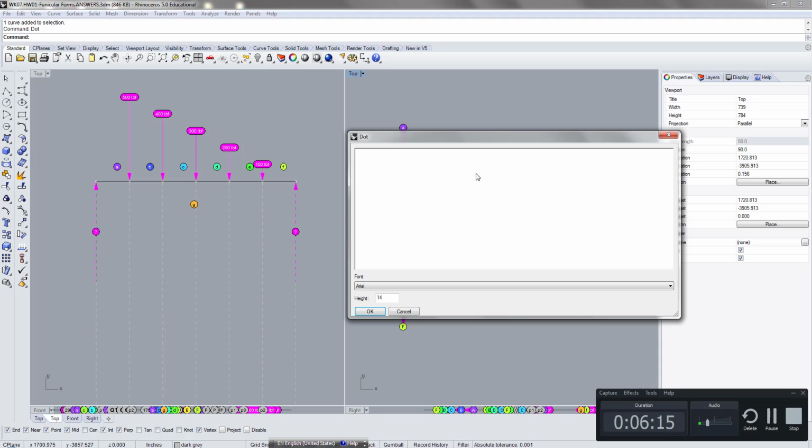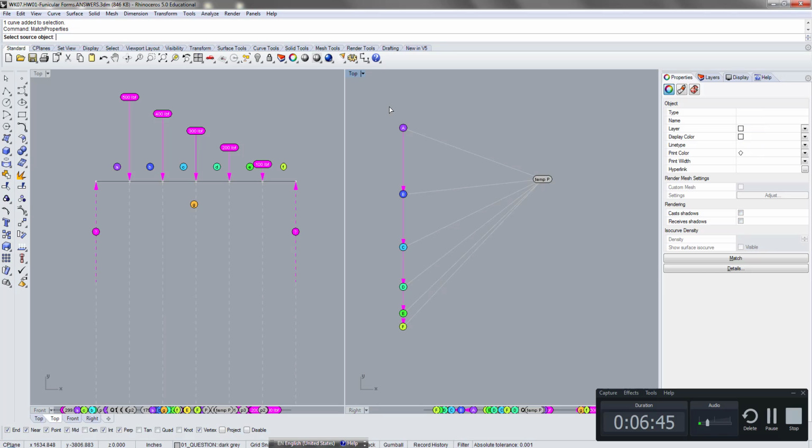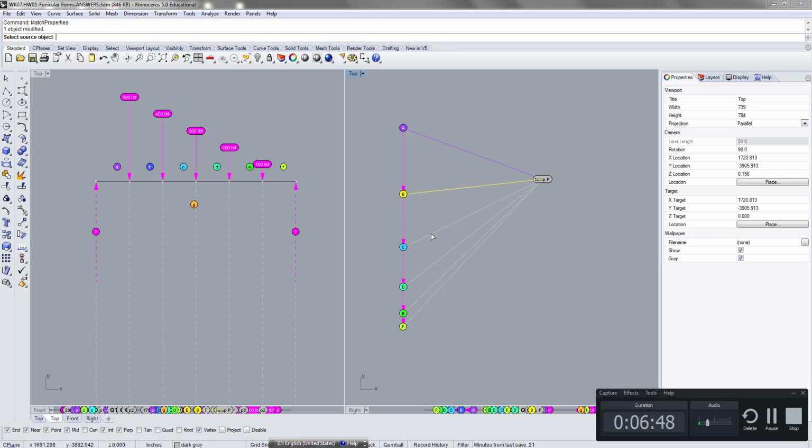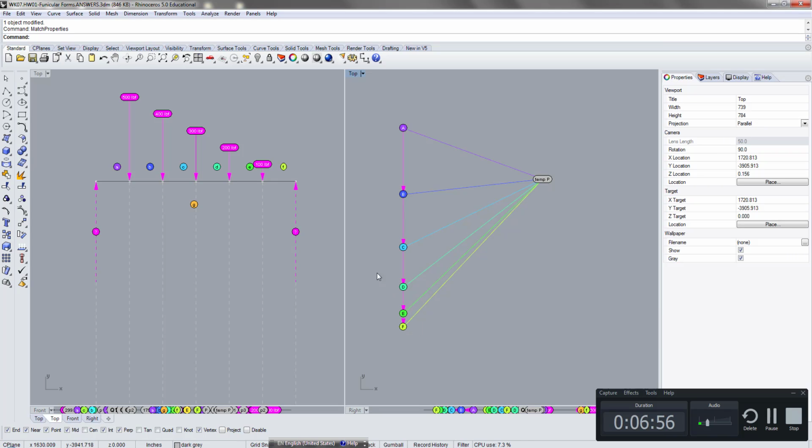So I'm going to arbitrarily locate this temporary point P on the right side and connect it to points A, B, C, D, E, and F. So you get 1, 2, 3, 4, 5, 6 lines.